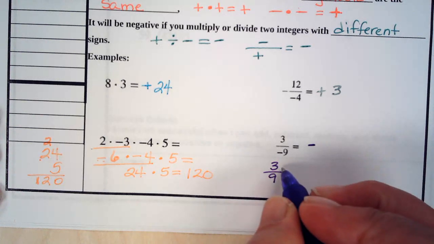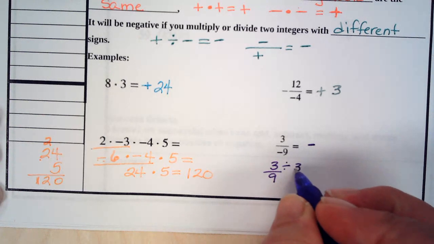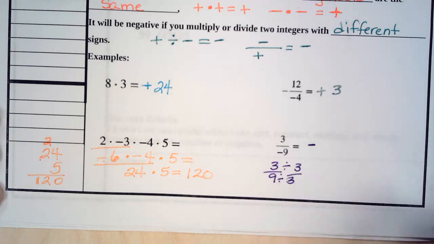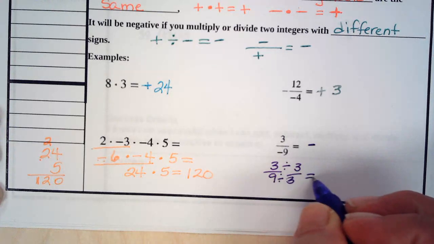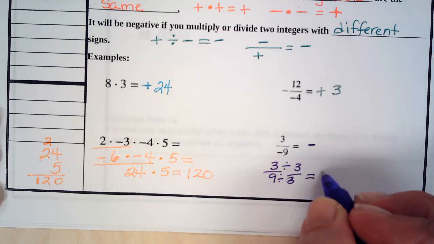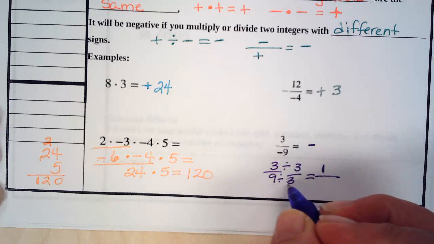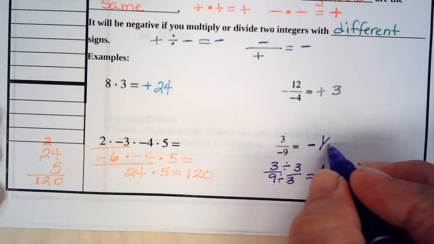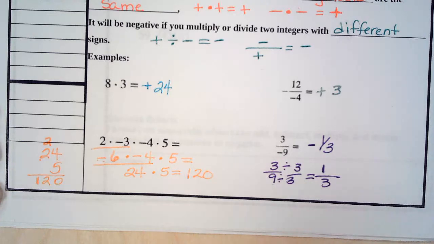Well, that would be 3. So I'm going to divide top by 3, and I'm going to divide bottom by 3. 3 divided by 3 is 1. 9 divided by 3 is 3. So I've simplified it to 1/3. And it's a negative 1/3.